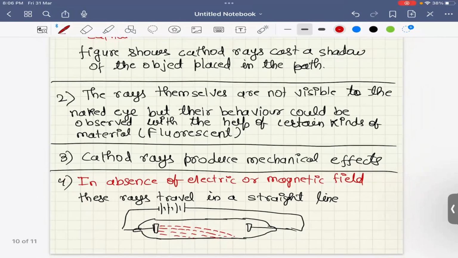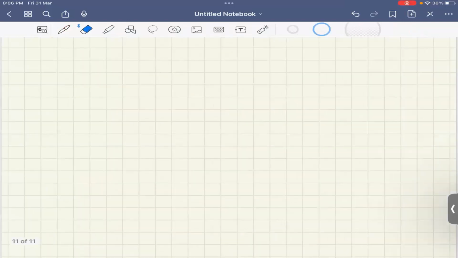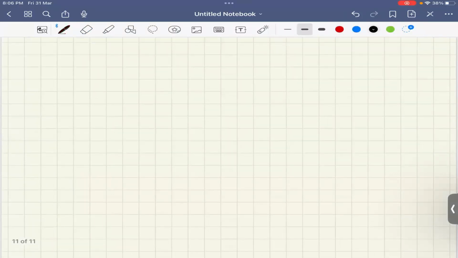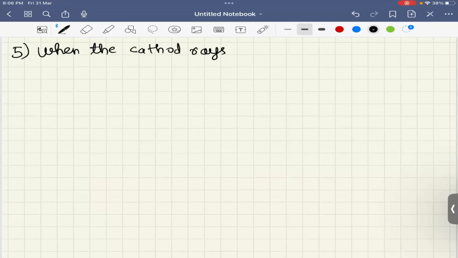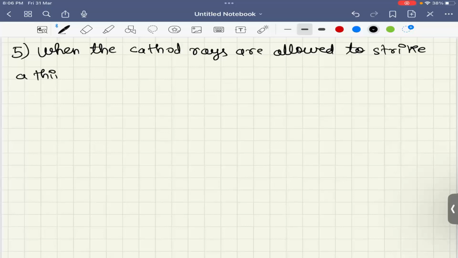The fifth is, so in this thing, okay. So the fifth one is when the cathode rays are allowed to strike thin metal foil, it gets heated up.